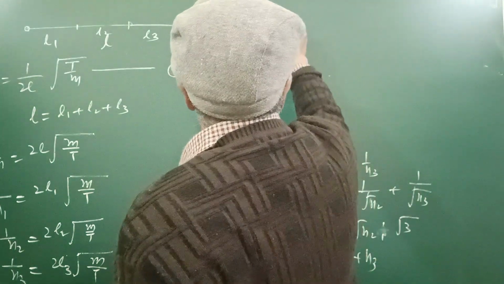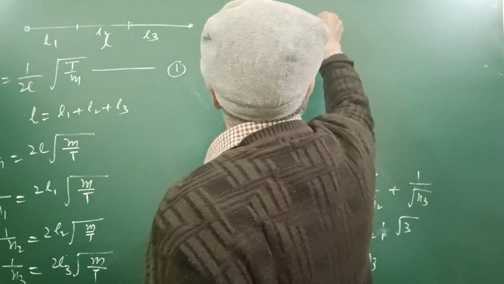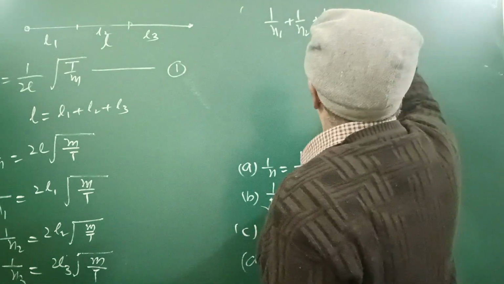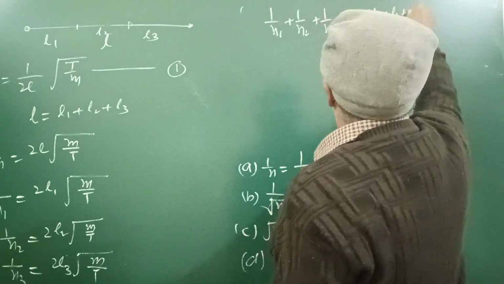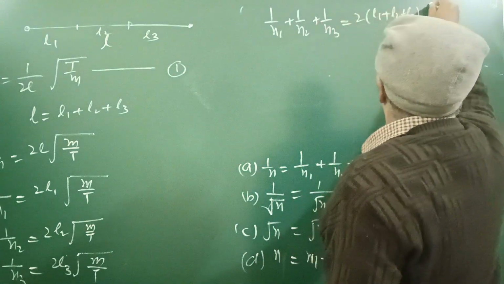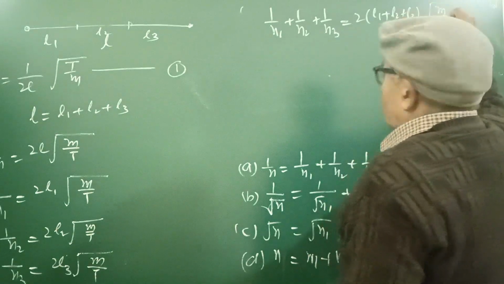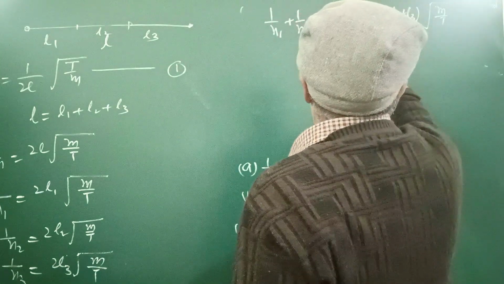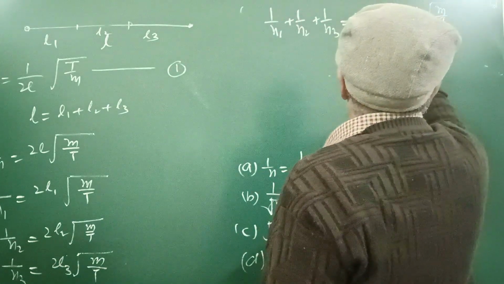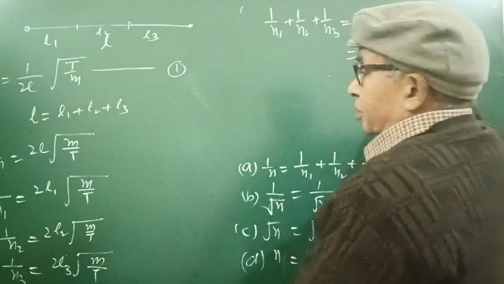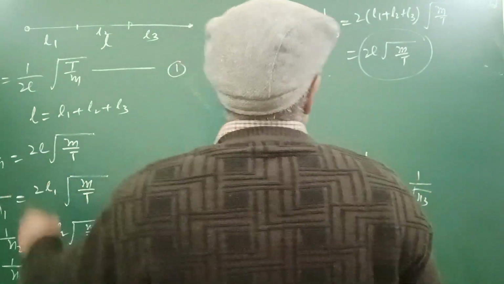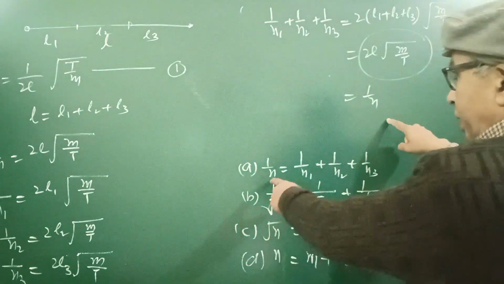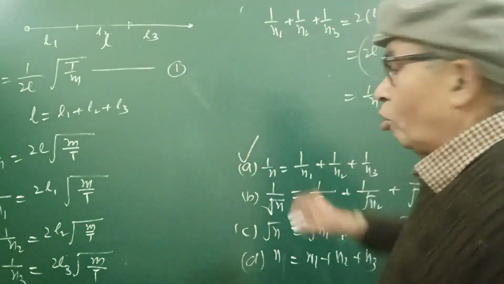On adding, 1/N1 + 1/N2 + 1/N3 = 2(L1 + L2 + L3) under root m by T, which is equal to 2L under root m by T. And what is this? It is 1/N. So which one is correct? 1/N = 1/N1 + 1/N2 + 1/N3. So option A is correct.